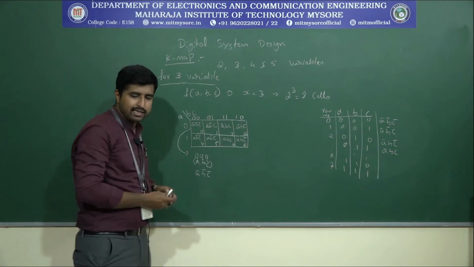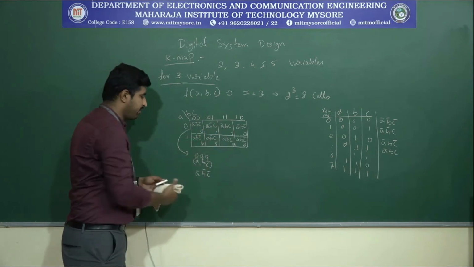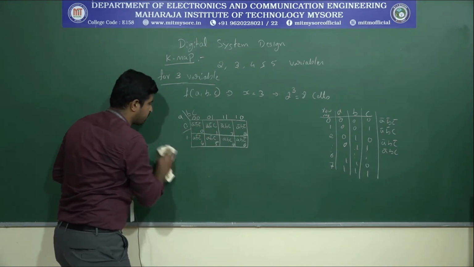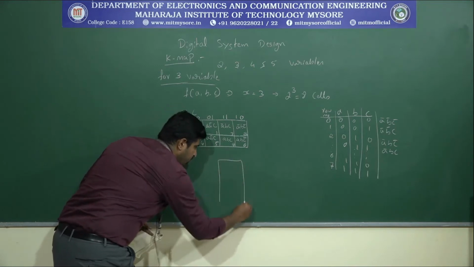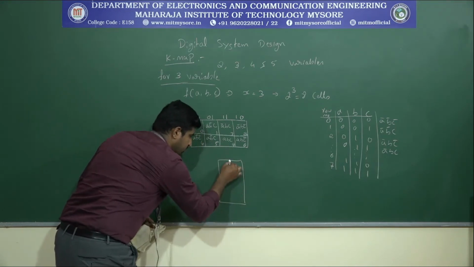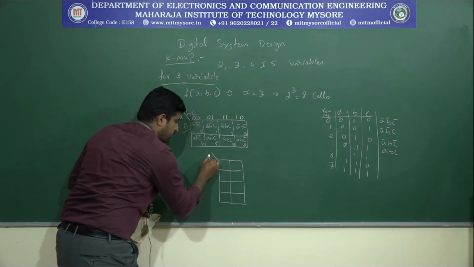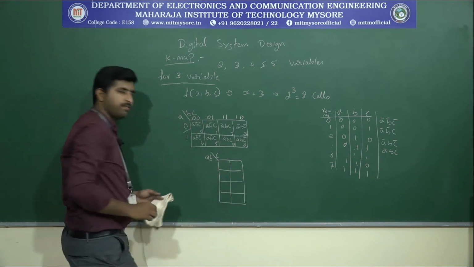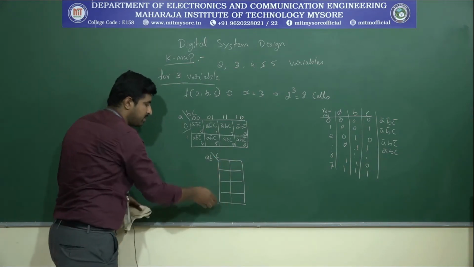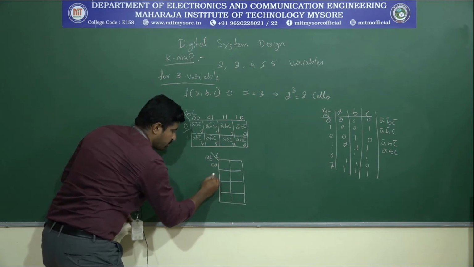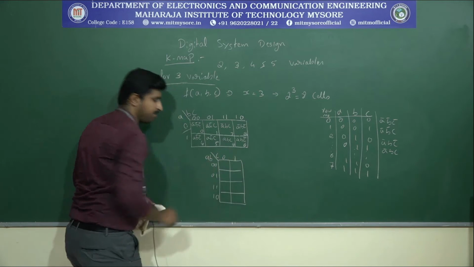Even we can write this 3 variable K-map in another way also. So you can say A, B, C. Again there are 8 cells here also. A, B, C: 0, 0, 0, 1, 1, 0, 1, 1, 0, 1.